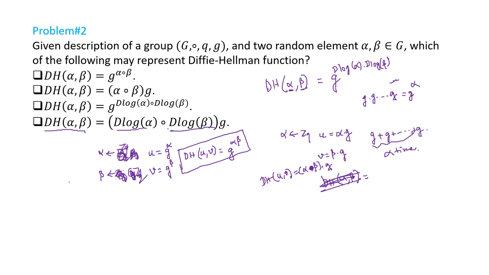U is alpha into g, and to find the discrete log, you apply g inverse and get alpha. Alpha is the discrete log of u here. Yes, the discrete log of u.